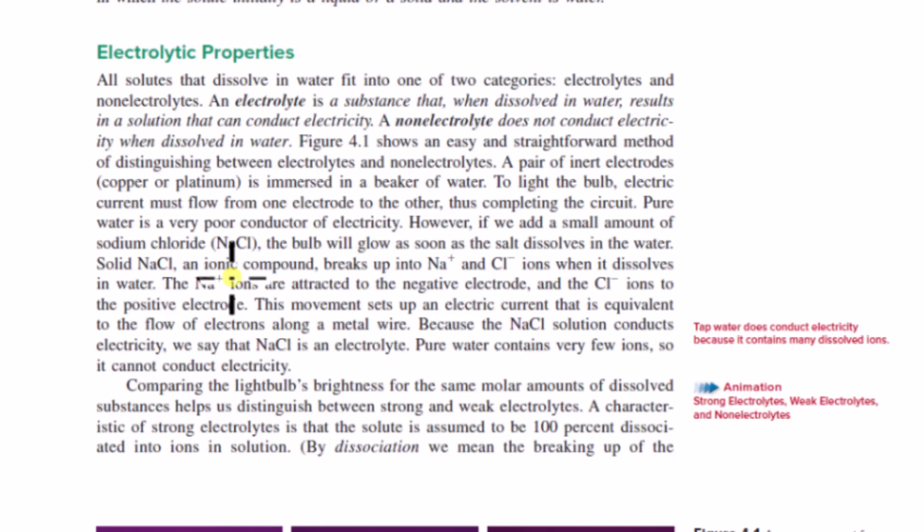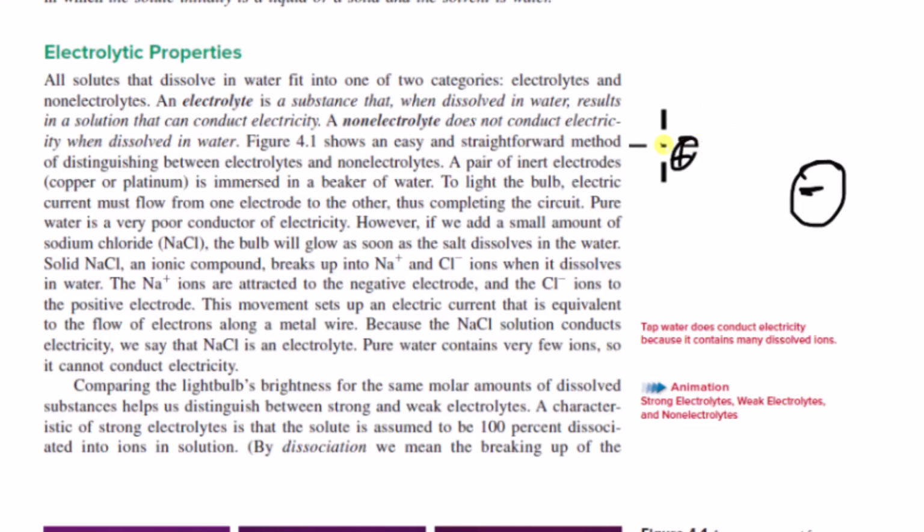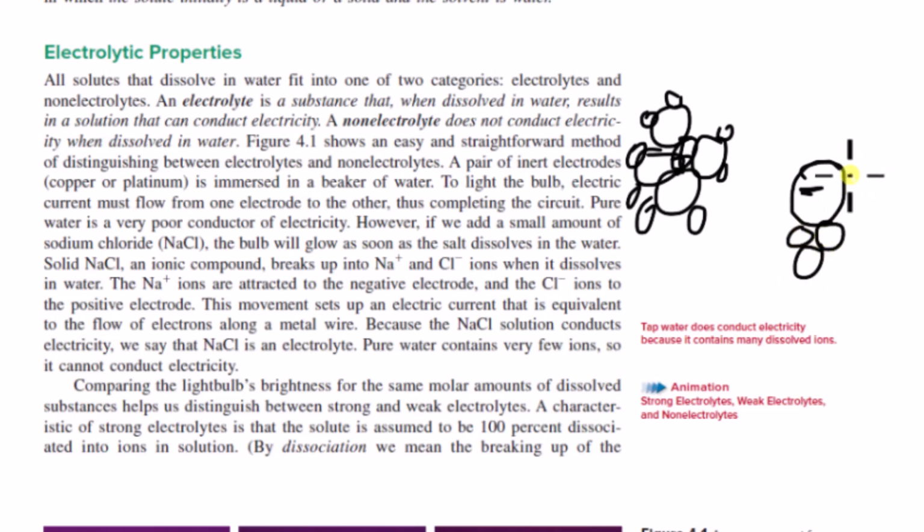You're going to have the sodium cation and the chloride anion, completely surrounded by water molecules. You'll have the oxygen ends of the water molecules surrounding the sodium cation, and then you'll have the hydrogen ends of the water molecules bonding with the chloride anion.